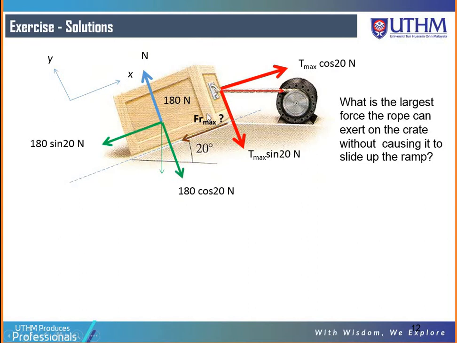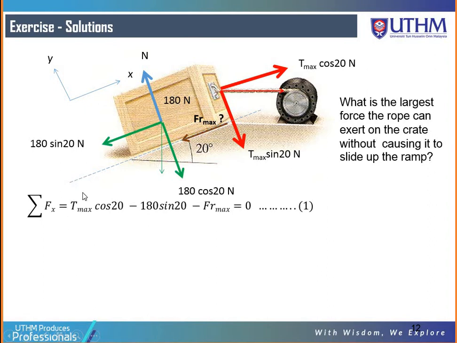Of course, at this point the tension applied is the maximum, and Fr is also the maximum, because the crate is just about to slide up the ramp. This is basically the free body diagram that you have to be familiar with.